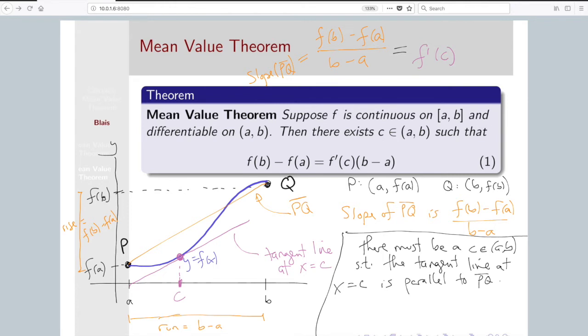Another way to think of it is, if you remember back to very early in the class, the slope of this line PQ is the average rate of change of the function f on AB.